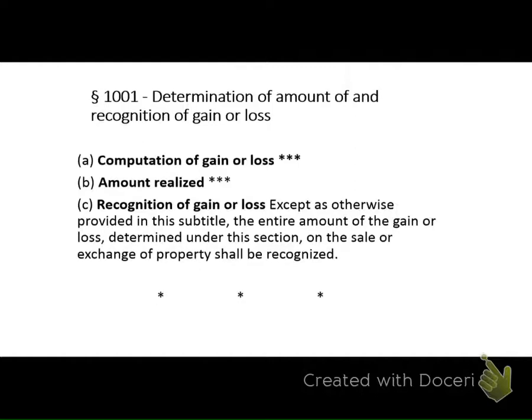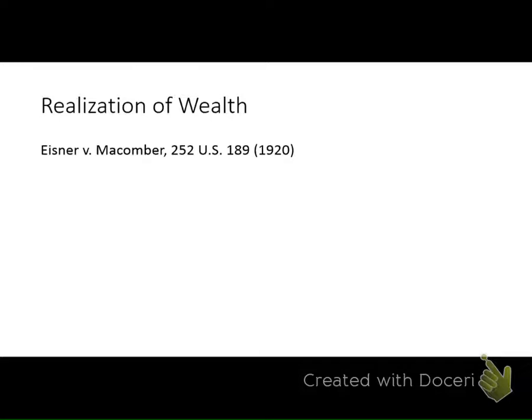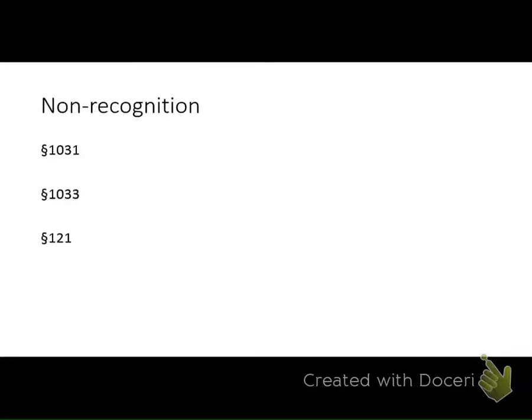So these non-recognition provisions that you looked at for this section, mainly 1031, 1033, and 121, are provisions that say that here there was a realization event, but for policy reasons, we've decided that we're not going to recognize the income here.